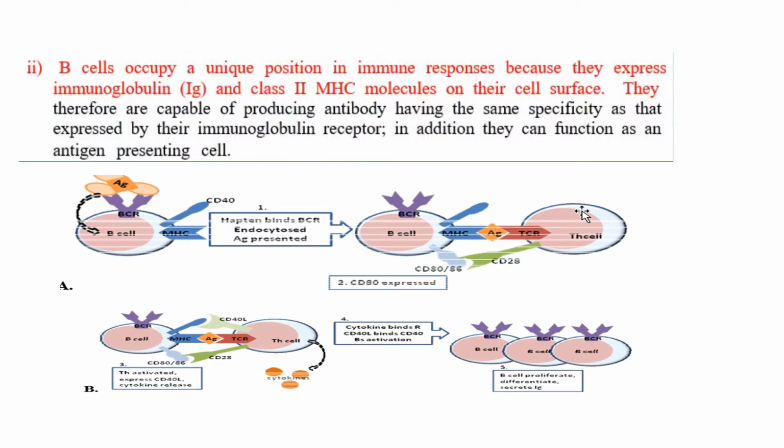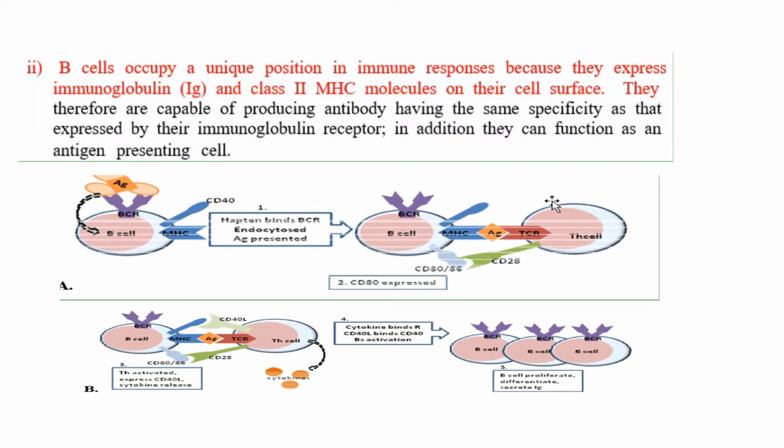So they are capable of producing antibody having the same specificity as that expressed by their immunoglobulin receptor. In addition, they can function as antigen presenting cells. So they carry both functions.